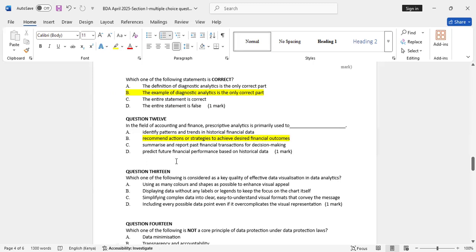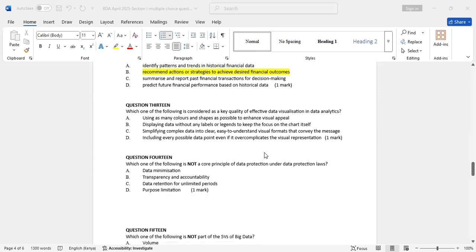No. Predict future, that is predictive, based on historical data. So the correct answer there was B.